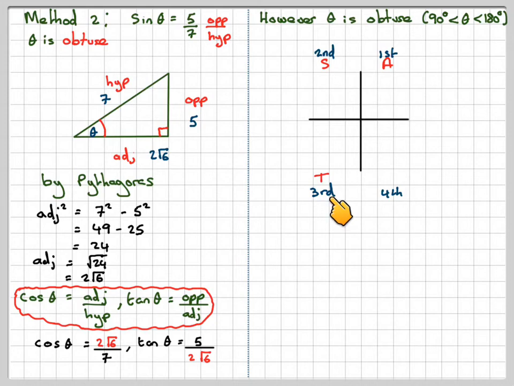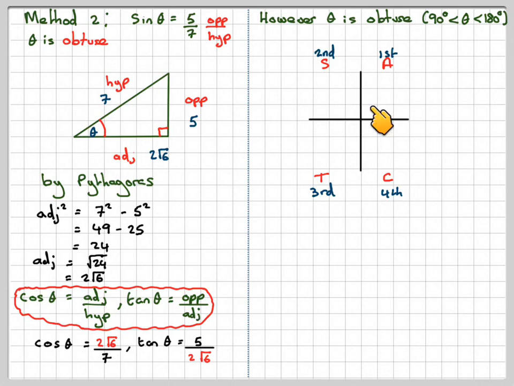In the third quadrant, tangent is positive, and in the fourth quadrant, cosine is positive only. So to repeat that, in the first quadrant, all three ratios are positive. In the second, sine is positive. In the third, tangent is positive, and in the fourth, cosine is positive only.